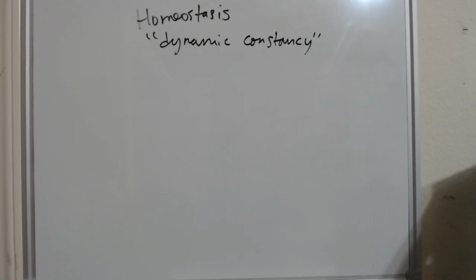Dynamic constancy means that it's staying constant, but it's always changing. So how does something stay constant and is always changing? Well, homeostasis is the dynamic constancy of variables within a set point.